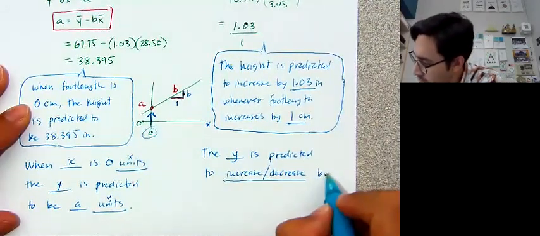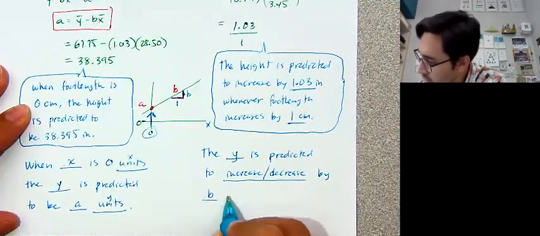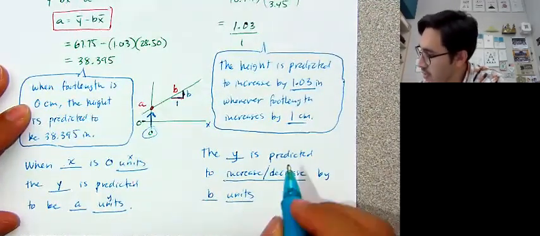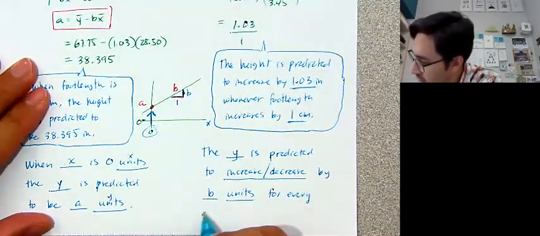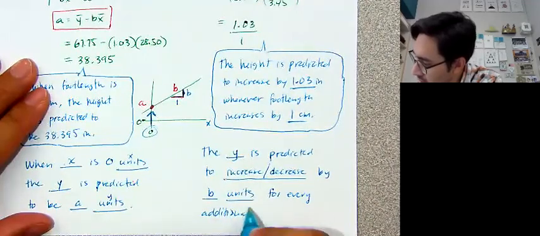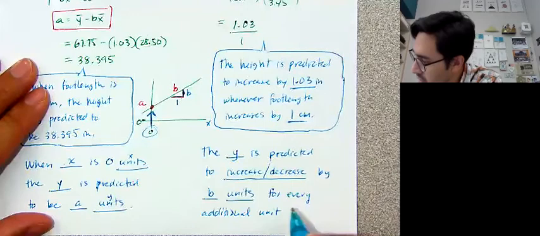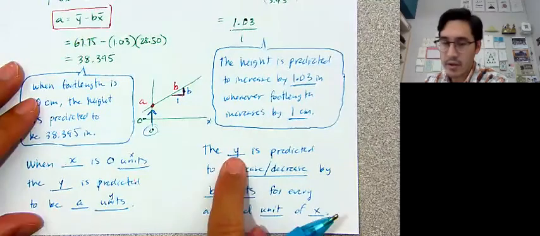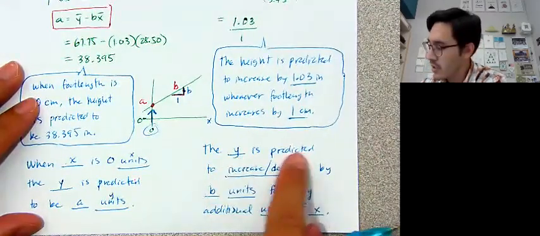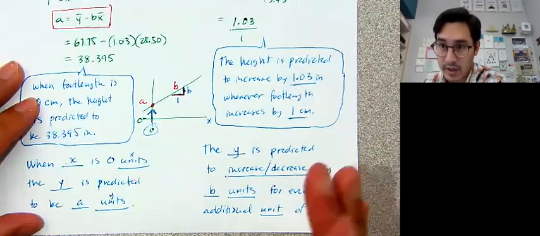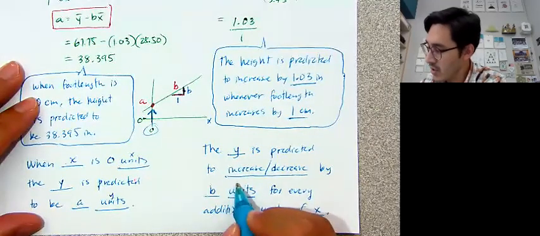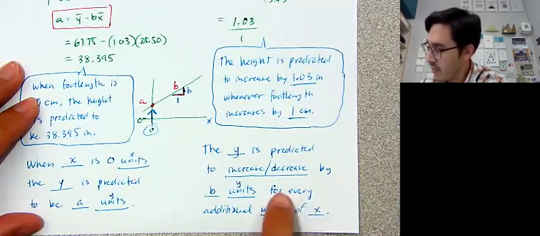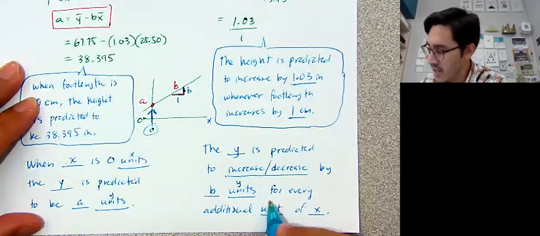By b units for every additional unit of x. So the y variable, such as height, is predicted to increase or decrease, so you need to look at the sign of the slope, by slope units, and these would be y units, for every additional unit of x, so this would be the x units here.